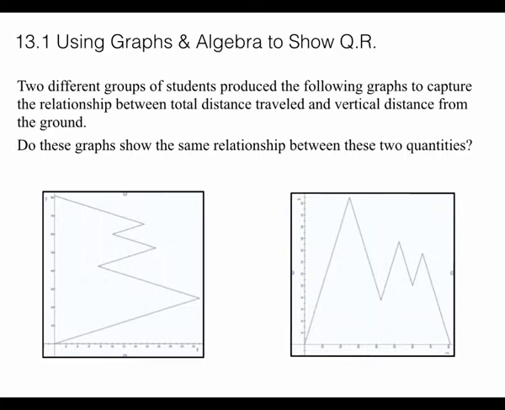So here are 2 images that you guys actually constructed. Do they capture the relationship between vertical distance and total distance? Do both of these graphs represent the same relationship?